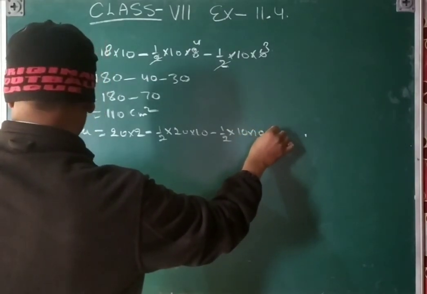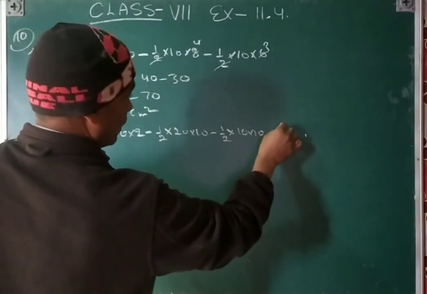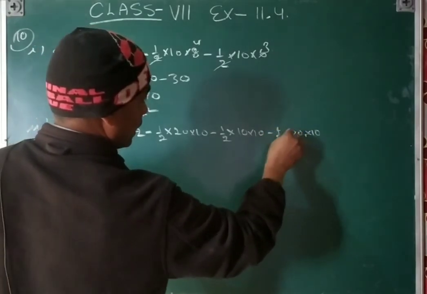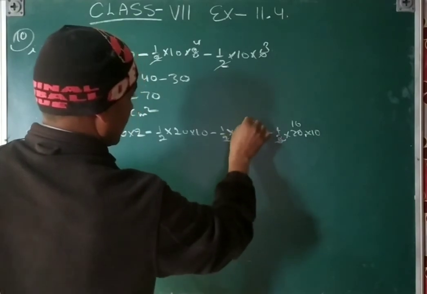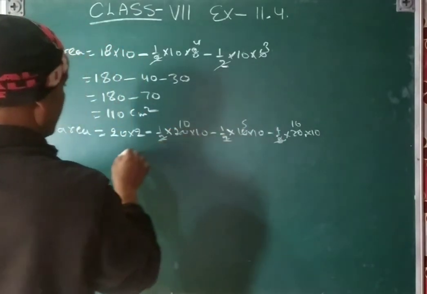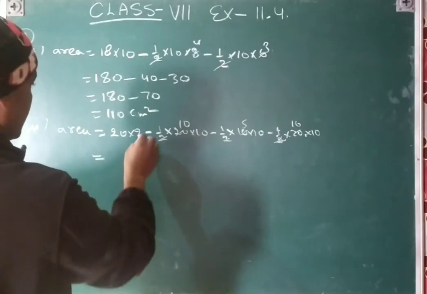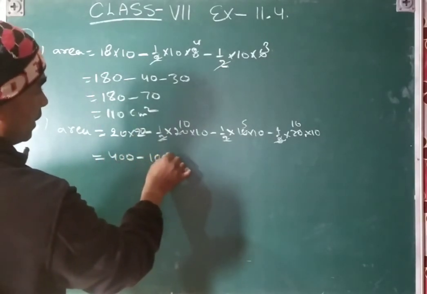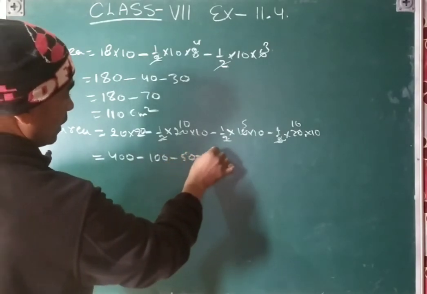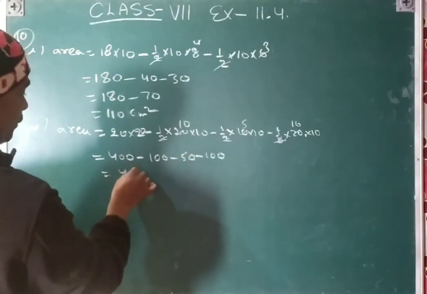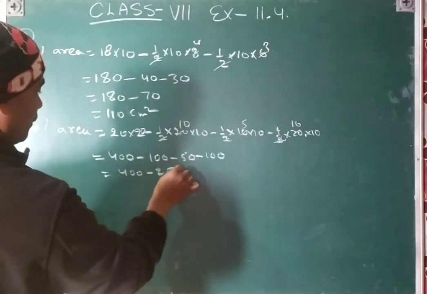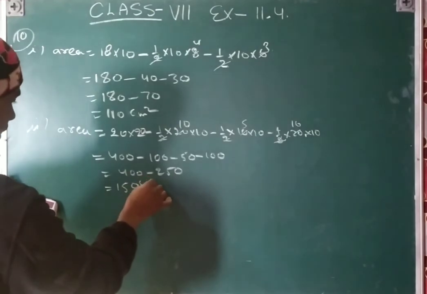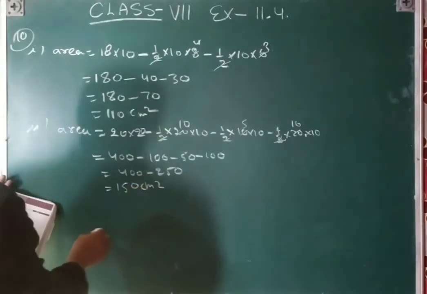So 400 minus 100 minus 50 minus 100, so 400 minus 250, so that will be left 150 centimeter square.